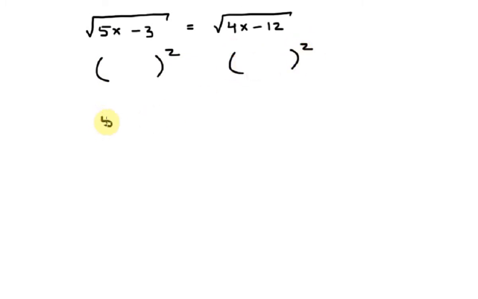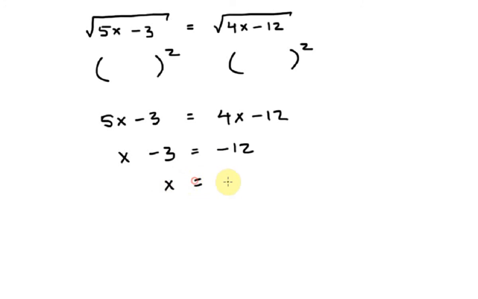So now I've got 5x minus 3, and that's supposed to equal 4x minus 12. All right, let's take 4x's away from both sides. And then we're going to add 3 over, and it looks like we've got ourselves a solution. Looking pretty good, so let's go ahead and do that check.